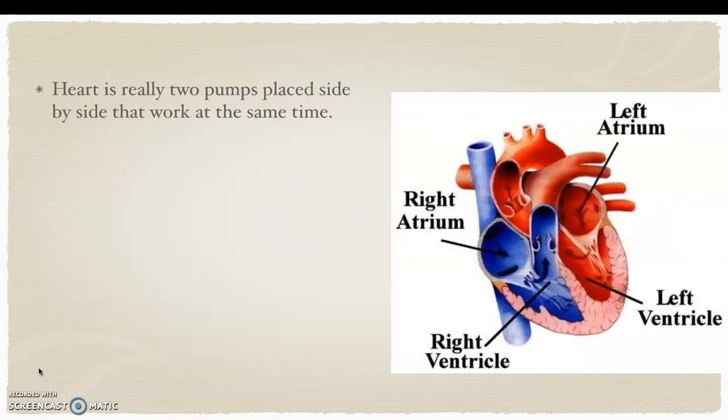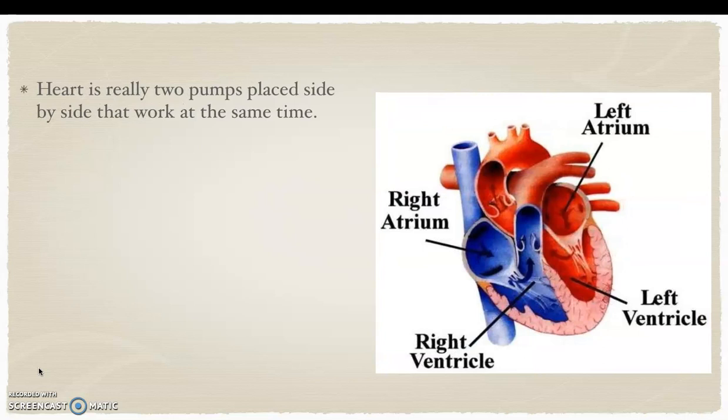Moving on, learning more about our heart. Our heart is really two pumps placed side by side that work at the same time. That means our heart is not just one heart, but it's actually two pumps placed side by side. So we have the right side of our heart and the left side of our heart.